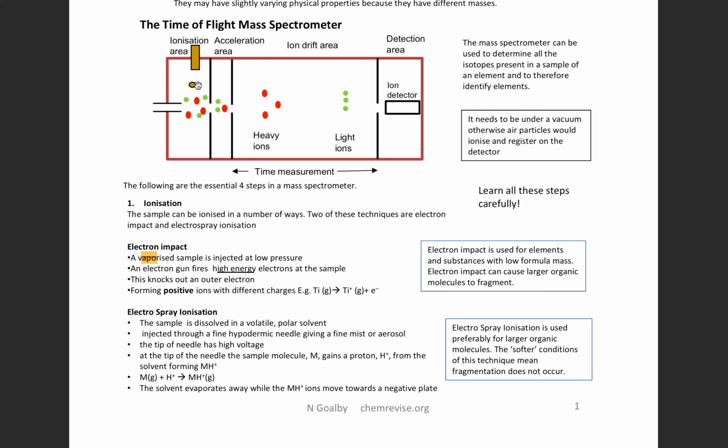So this is our sample of vaporized titanium, which is basically a gas molecule that is injected into our ionization area at low pressure.